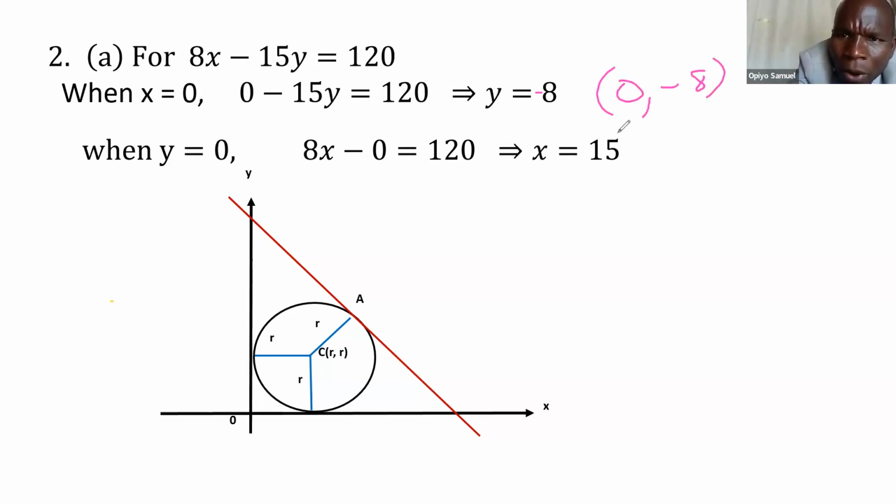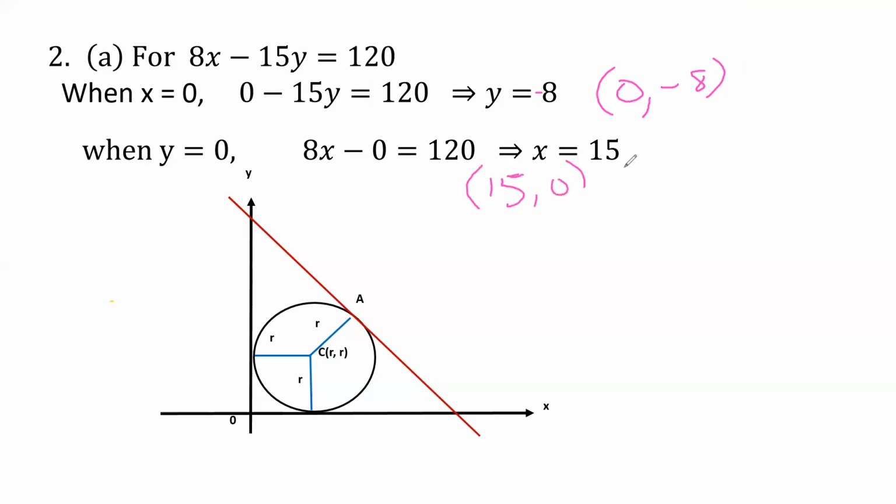Meanwhile, for the upper one, when y is 0, x is going to be 15. So this gives us the point 15, 0. So you have these 2 points for the line.